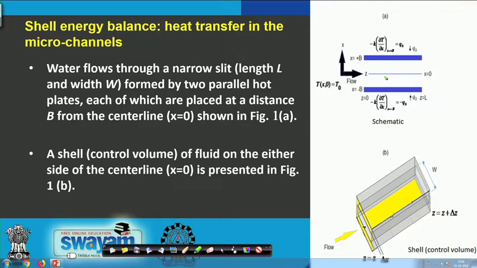And x equal to 0 is the center line. The cell has del x as the thickness. We are considering one cell with thickness del x and length delta z in figure B, and that cell we are considering for the heat balance.